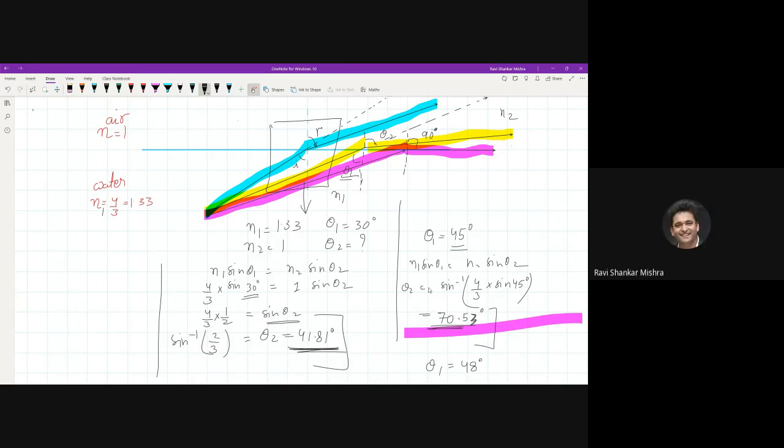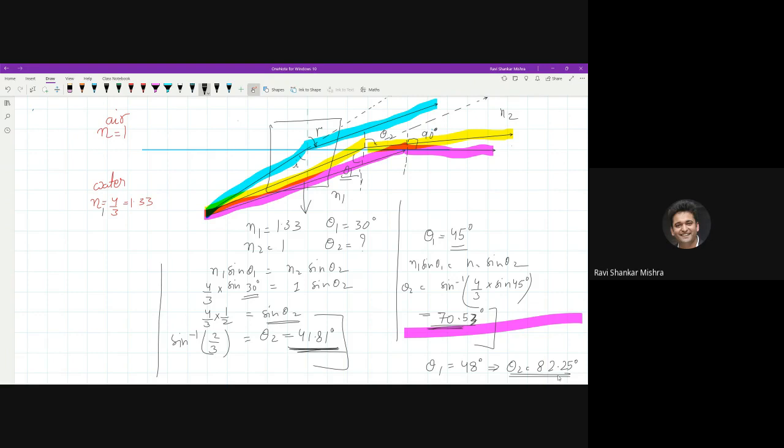Sine 48, I got 0.743 multiplied by 4 by 3, and I got 0.99. Sine inverse answer as 82.24, right? So here you got theta 2 as 82.24, right?